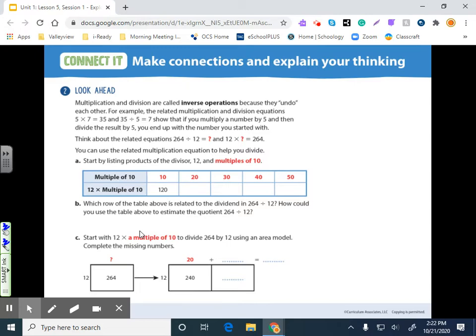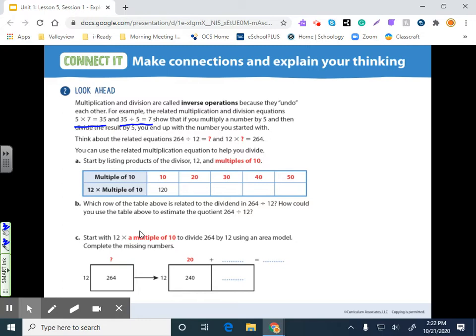Some back history here. Multiplication and division are called inverse operations because they undo each other, or they're opposites of each other. For example, the related multiplication and division equations are 5 times 7 equals 35, and 35 divided by 5 equals 7. Show that if you multiply a number by 5 and then divide the result by 5, you end up with the number you started with.